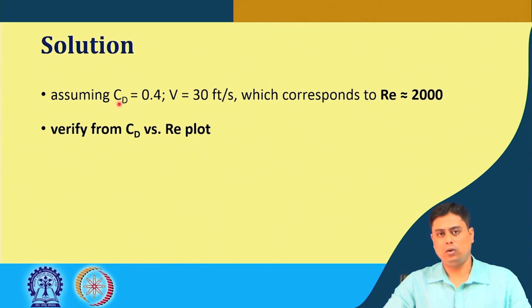That CD was unknown. So, we assumed a value of CD, calculated the velocity, from that velocity calculated the Reynolds number and cross checked from the CD versus RE plot whether that Reynolds number indeed corresponds to that CD value. Okay. So, this is the algorithm or methodology you should follow to solve such problems.